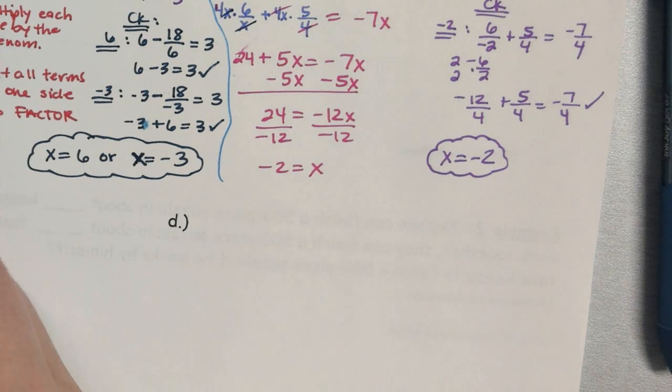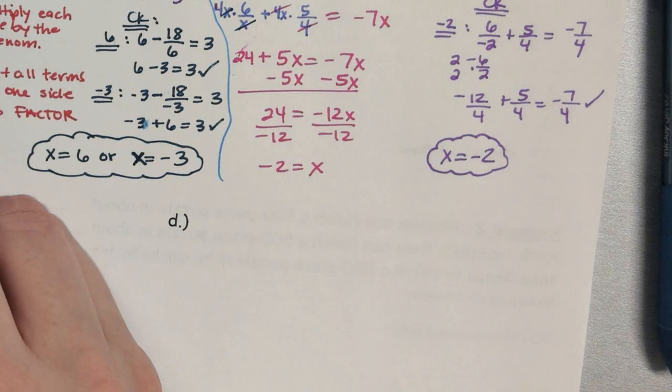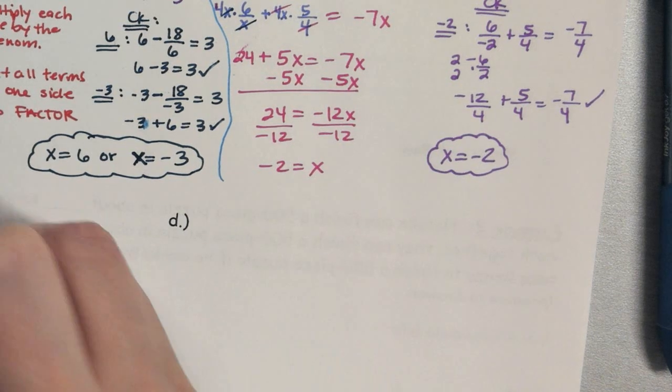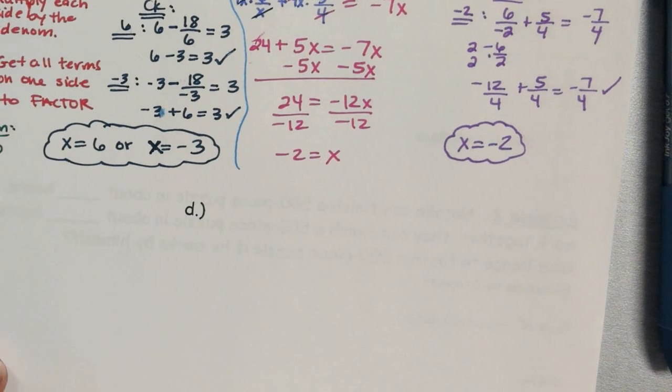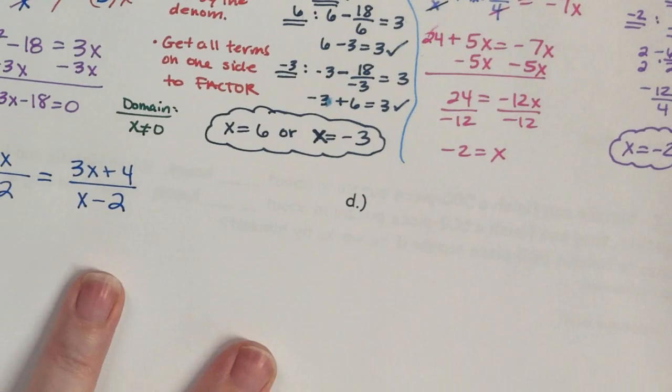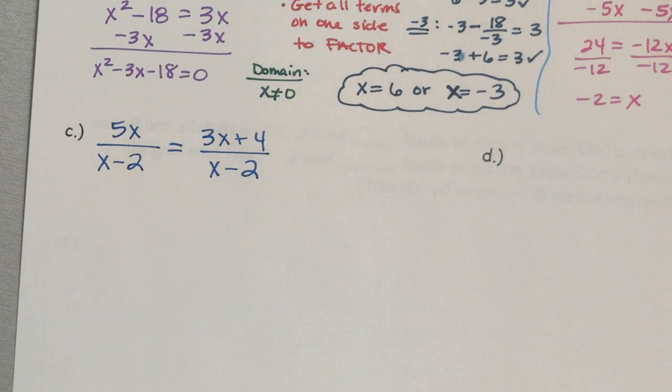All right, for part C, I want you to just think about what you would do first. Don't actually do it, but think about it, okay? You can write down the problem, but I don't want you to make any mistakes.